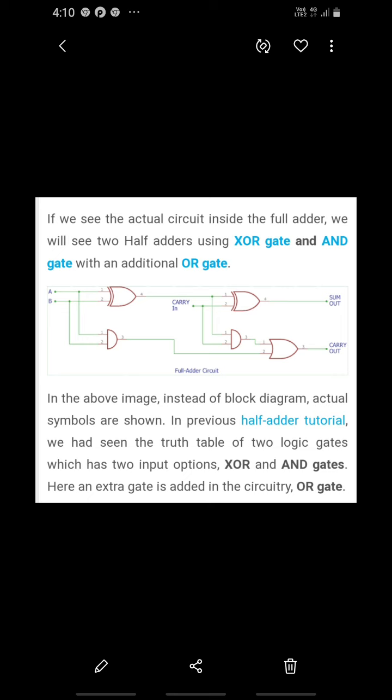In the previous half adder circuit, we had seen the truth table of two logic gates, XOR and AND gate. Here an extra gate is added in the circuit, that is the OR gate.